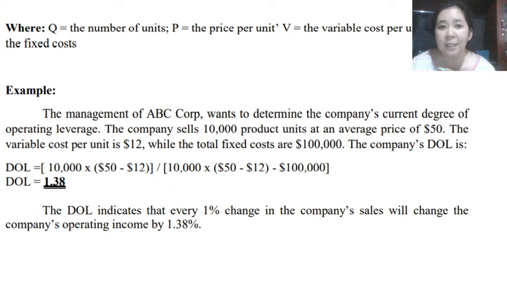In this case, the degree of operating leverage indicates that for every 1% change in the company's sales, the company's operating income will change by 1.38%. Meaning again, if there is a change of 1% in the company's sales, the effect is that their operating income will also change by 1.38%.